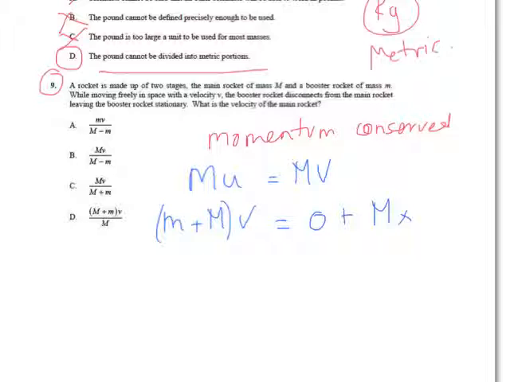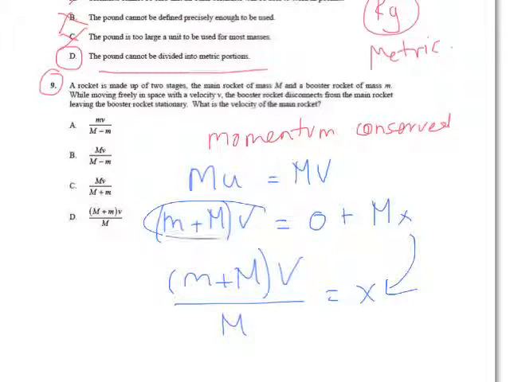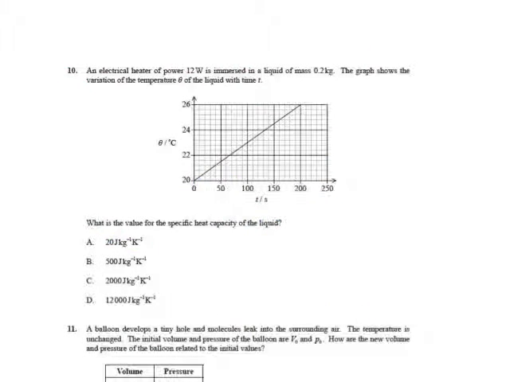So to find x, our final velocity, x would be equal to this divided by m, which is D. The answer to question 10 is on the high level paper.